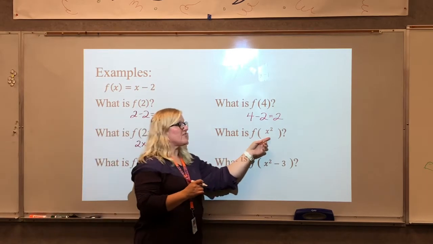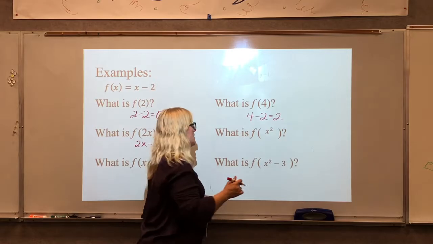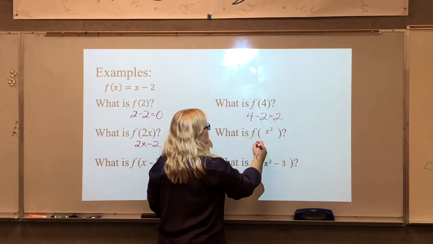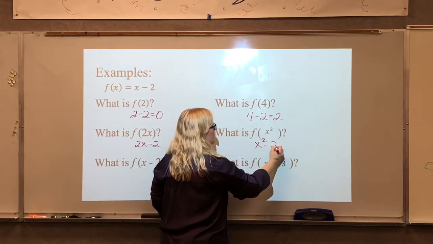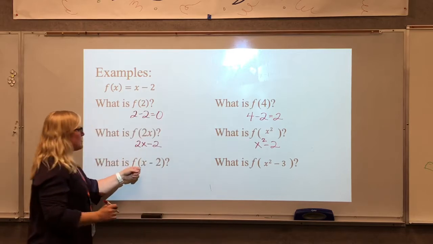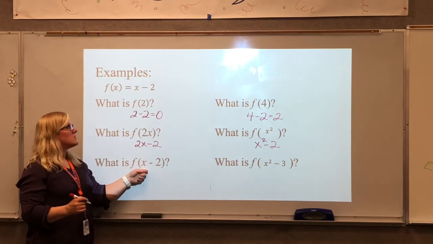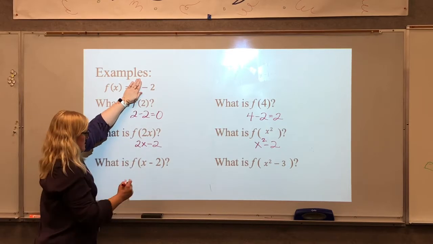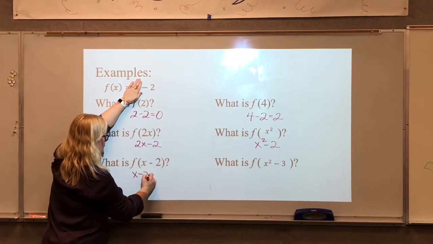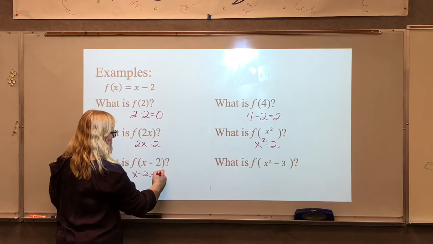What is f of x squared? Taking out the x, putting in x squared. This is when they get a little more complicated though. What is f of x minus 2? Take out the x, put in x minus 2 minus 2.